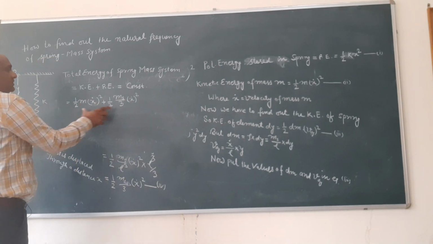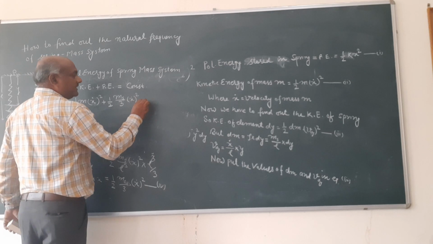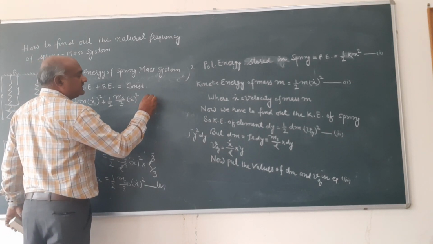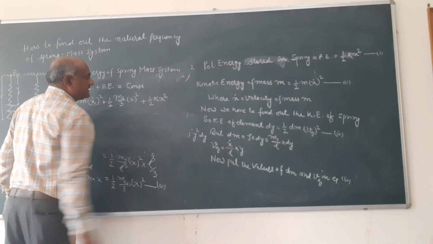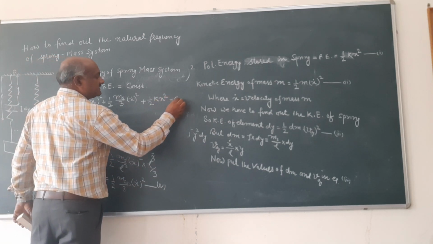So this is the total kinetic energy, plus the potential energy of the system, half k x square, equal to a constant.